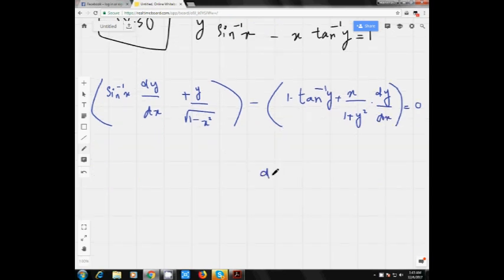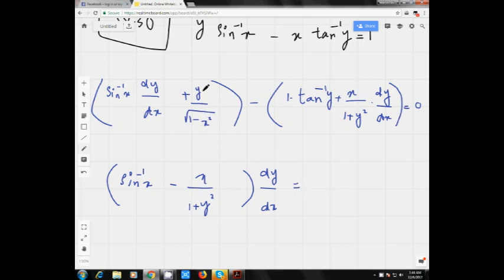Further simplify and bring out dy by dx quantities together. The first dy by dx has coefficient sine inverse x, and the second one has minus x divided by 1 plus y square.